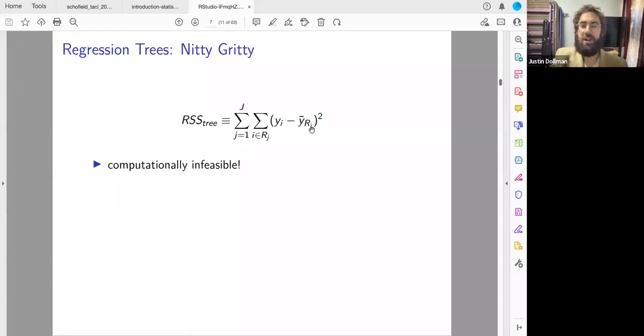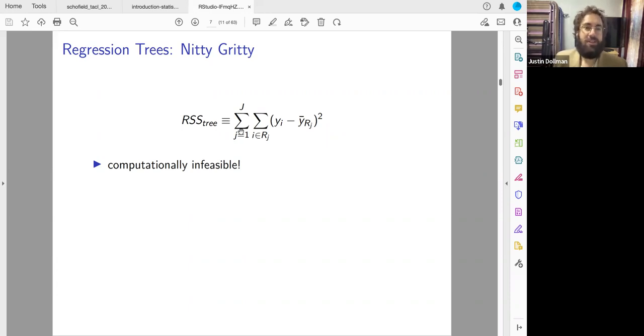That's what the R subscript J is. And then basically the left-hand summation just says for all the regions. Okay, so that's what this is, and that's what we want to minimize. Again, OLS, you want to minimize residual sum of squares. With the tree, you want to minimize residual sum of squares. It just has this particular form.